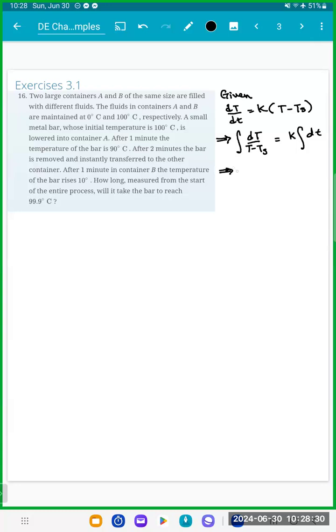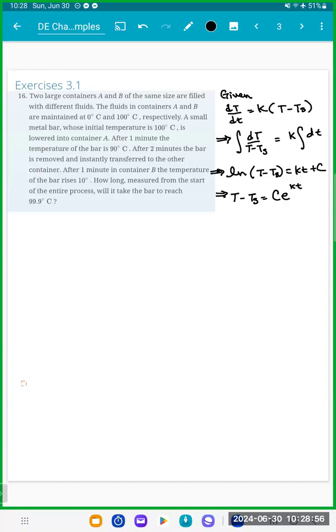Further simplifying that, we could get the ln of T minus TS is equal to KT plus that constant C. And that is T minus TS is equal to C times E raised to the KT. Okay.